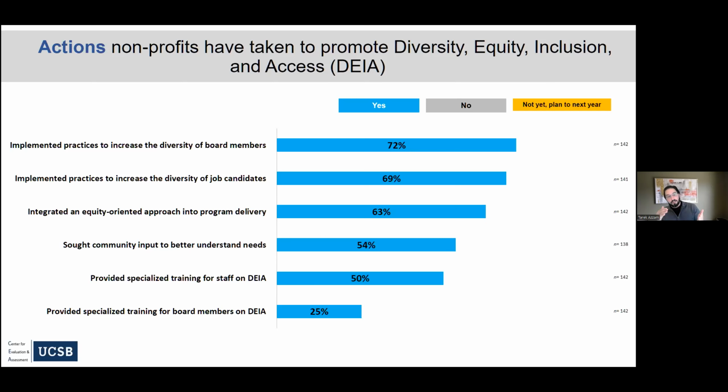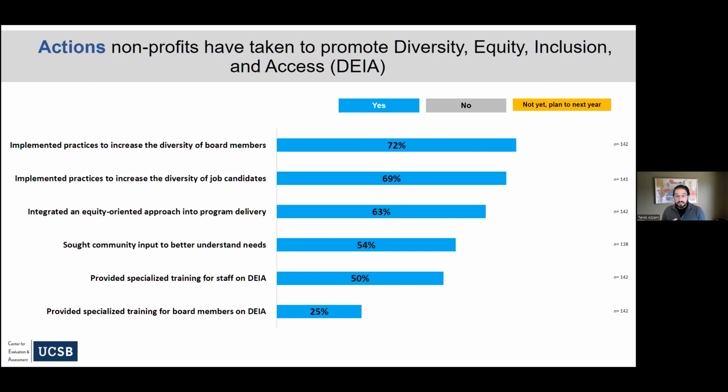What we see here is a large focus on increasing diversity at the leadership level. So if you look at the first line here, it says implemented practices to increase the diversity of board members. And 72% of the nonprofits that responded said that that was something that they have purposefully done and attempted to focus on as part of the process.